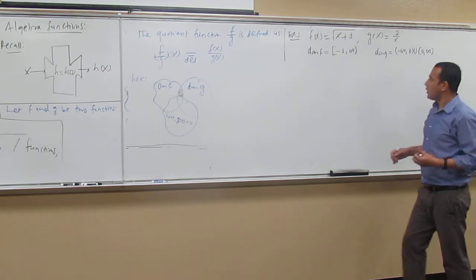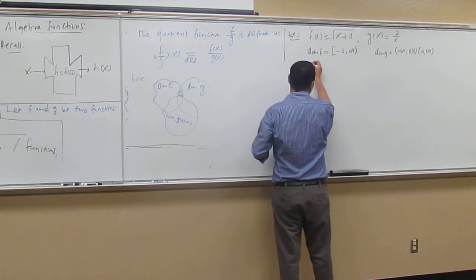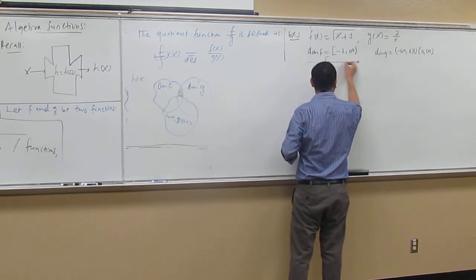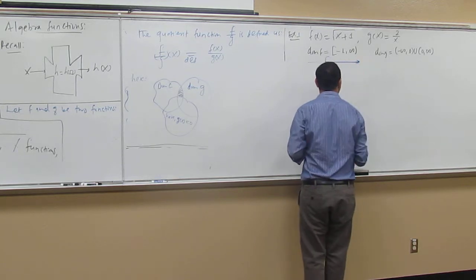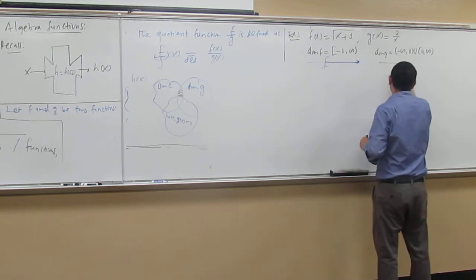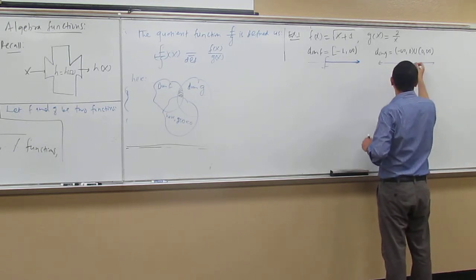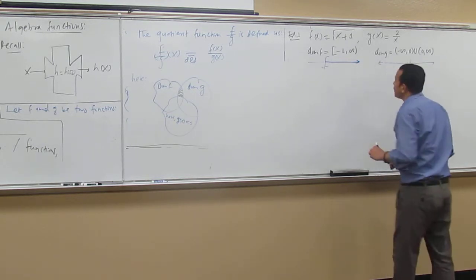Let's draw it in a picture. Here is -1, and my domain for f will be everything to the right of -1, included. Here is 0, and it goes to -infinity, and that's the domain of g.